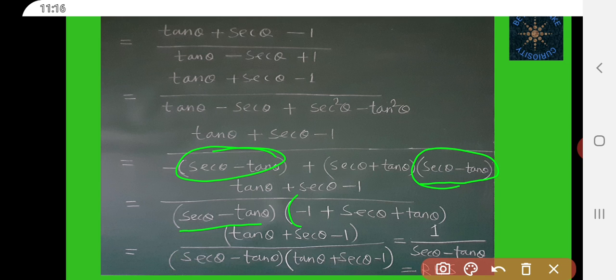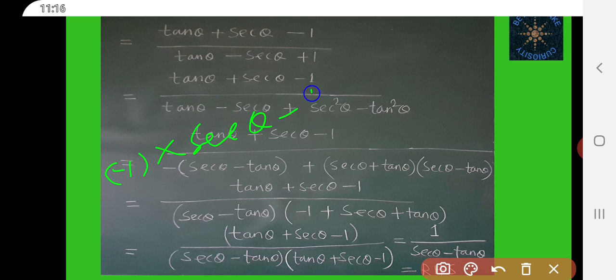Here nothing is there, which means minus 1 into (sec theta minus tan theta).